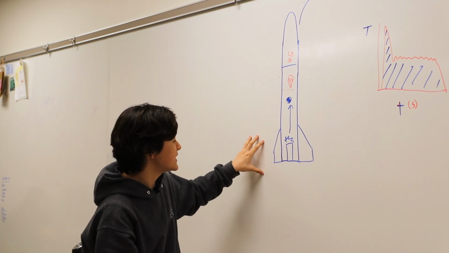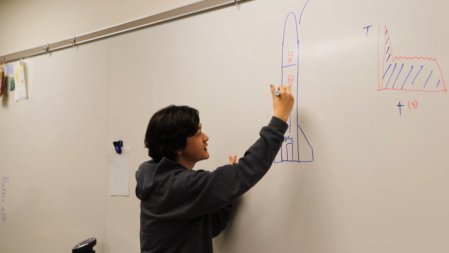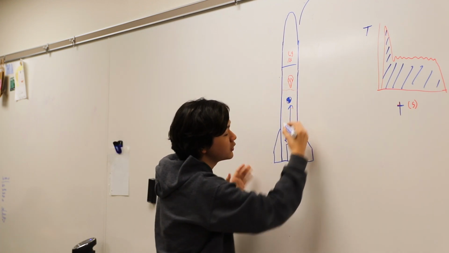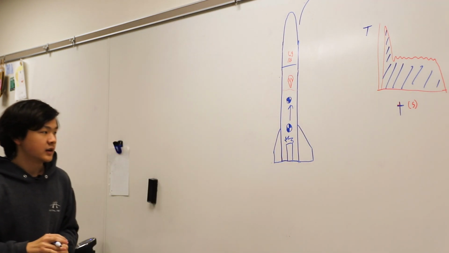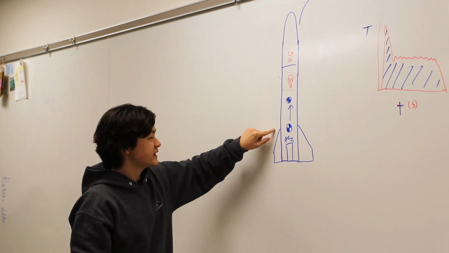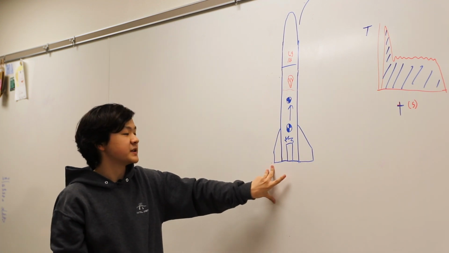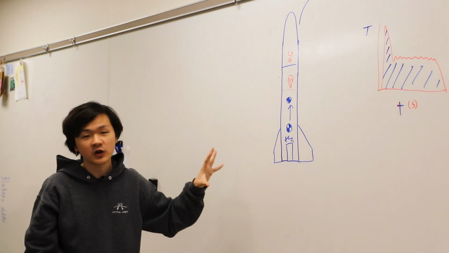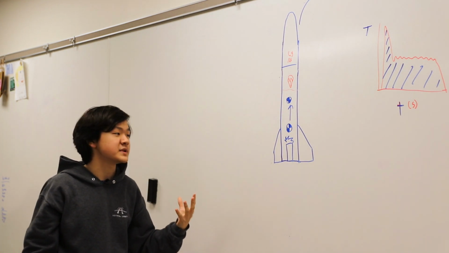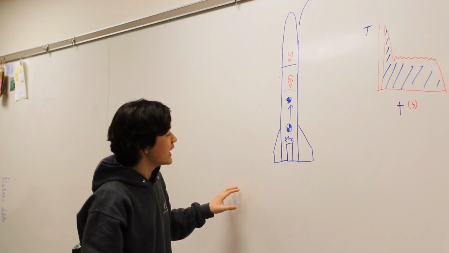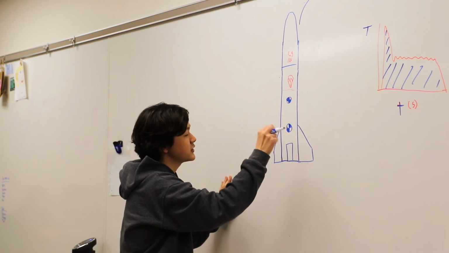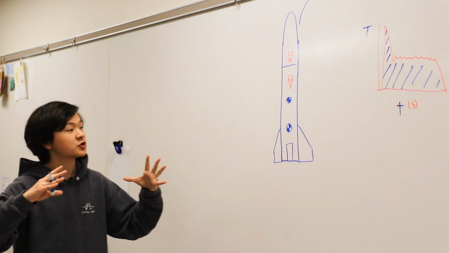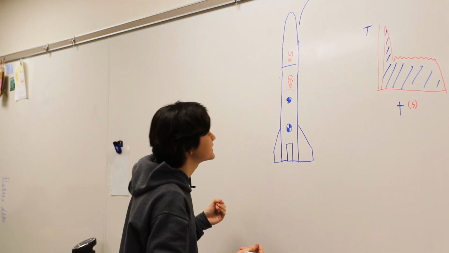And so the larger the fins, the lower the center of pressure. Typically, the center of pressure is going to be near the fins because that's the big surface area where the air will meet. So you can alter the position of the center of pressure by increasing or decreasing the size of the fins.